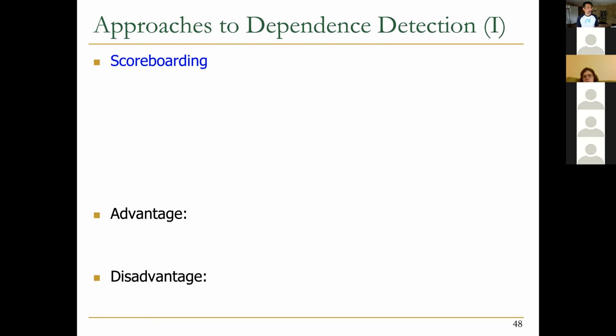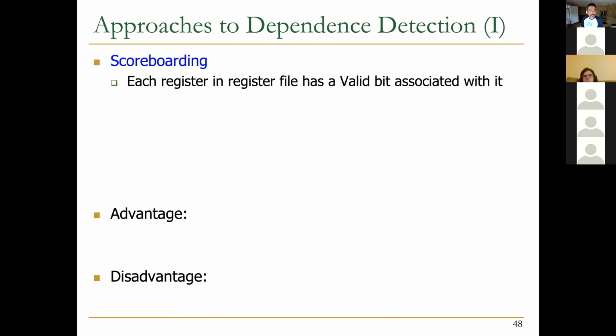One of the important approaches for detecting dependence is scoreboarding, which is an interesting approach. In this case, each register in the register file has a valid bit. Imagine that we associate one specific bit with each register.